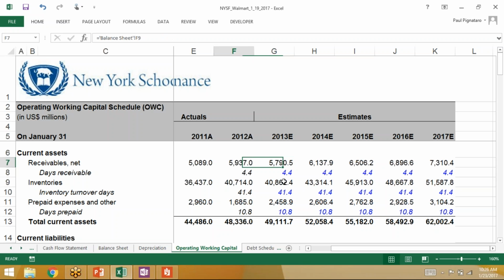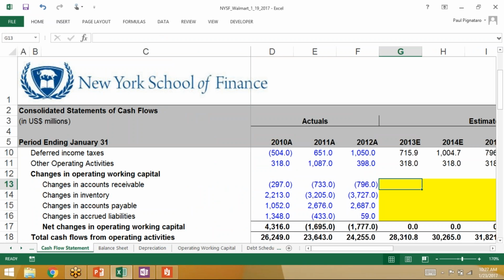So we can't subtract 2013 minus 2012. We have to do negative the change, because there's an opposite effect.